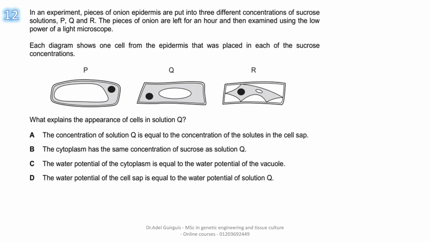D, the water potential of the cell sap, the protoplasm, not the cytoplasm only, but all the content inside the cell membrane, is equal to the water potential of solution Q. This statement is correct. It describes osmosis. It describes that the net movement of water in and out of the cell is equal in solution Q.